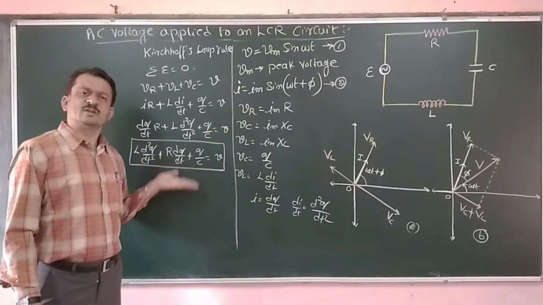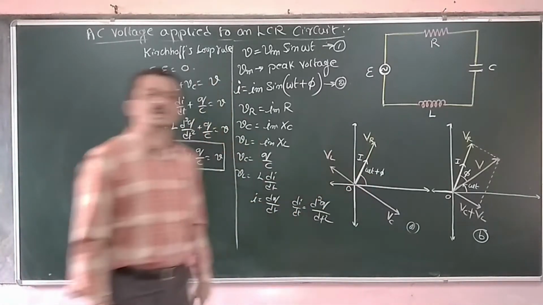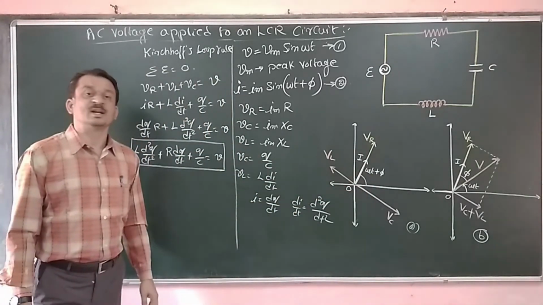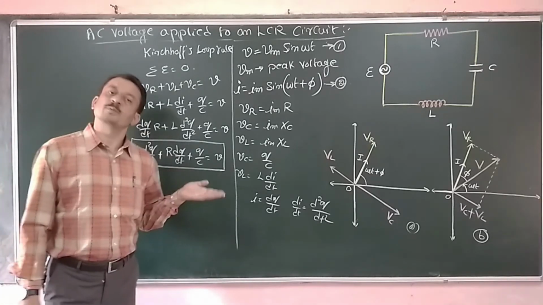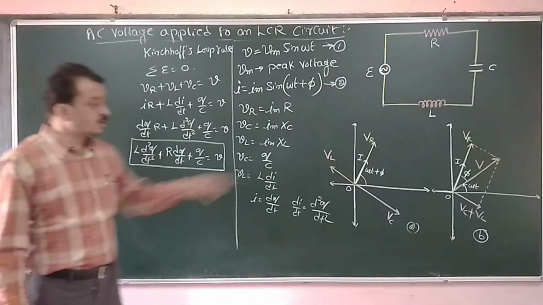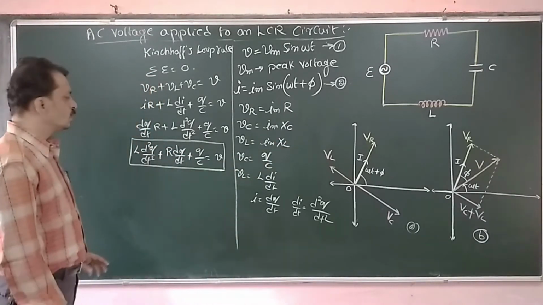Now the solution to this equation can be obtained in two methods: one is the phasor diagram method, another is the analytical method. Here we are going to obtain the solution using the phasor diagram method only.